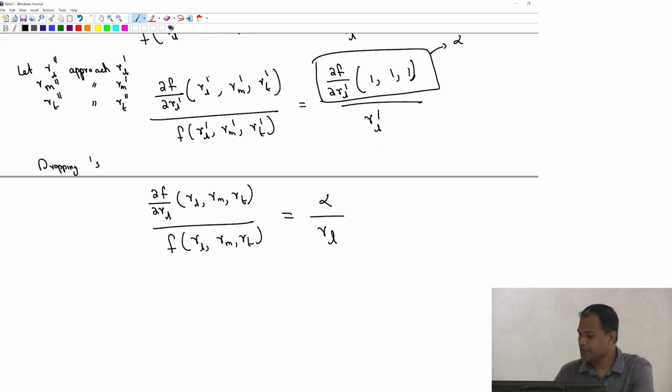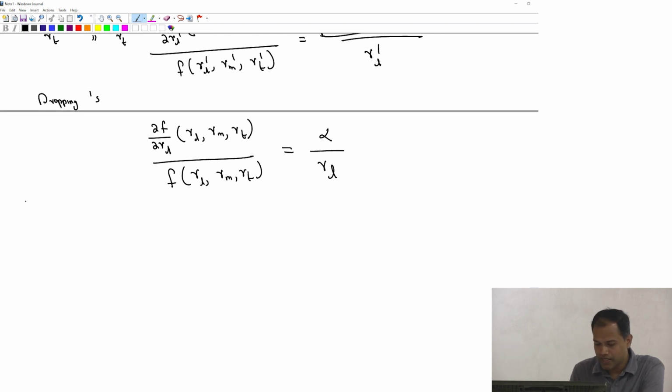Now, I am going to integrate this expression.